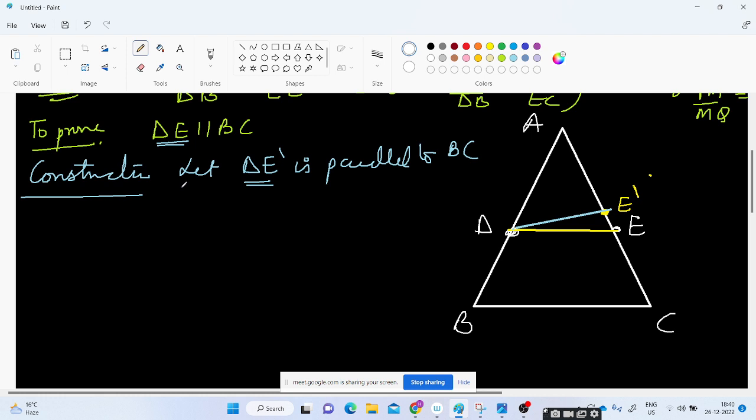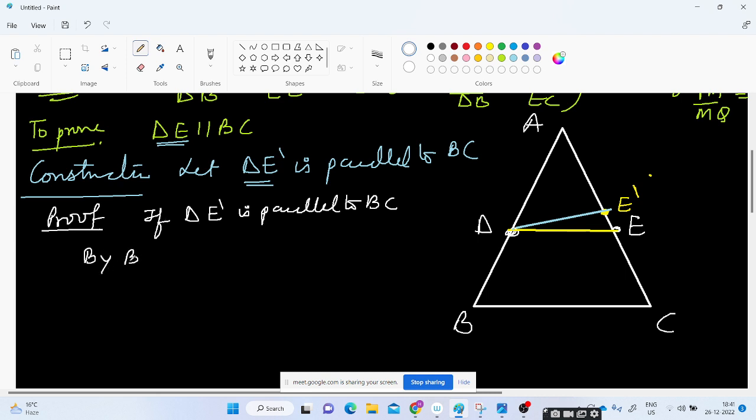Okay, proof. So what we assume, if DE dash is parallel to BC, so beta we will use BPT because one line is parallel.